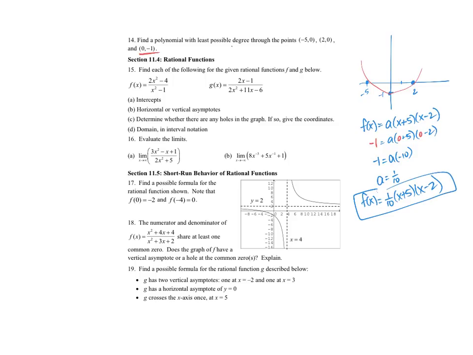Next one, find each of the following for the given rational functions. Okay, so I need to find intercepts, horizontal and vertical asymptotes, and holes, and domain. So let's do this one first, f of x. Let's see if it factors.